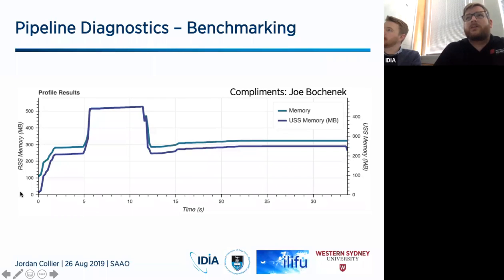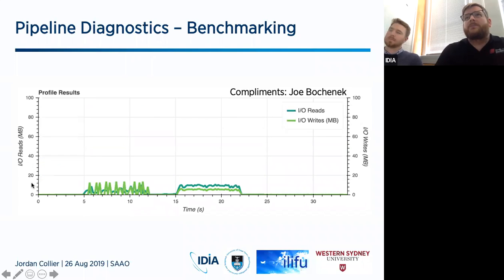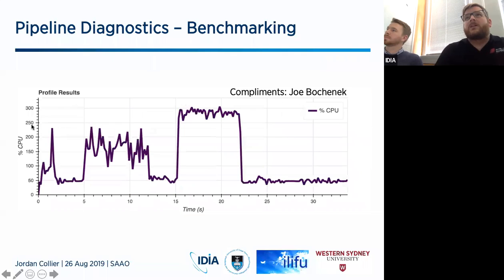You can see as a function of time, it's showing the memory usage, which is the same statistic I was showing you from SLURM, although the way I was showing it's only the maximum at the end of a job. You can also see the read and write speeds in the two different colors, and then also the CPU usage.